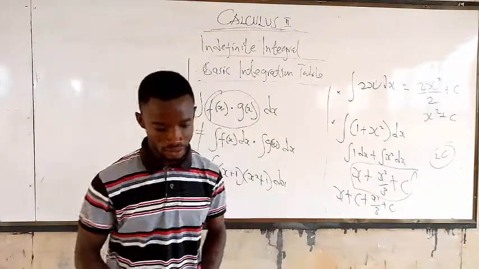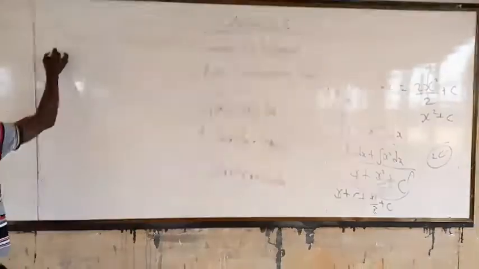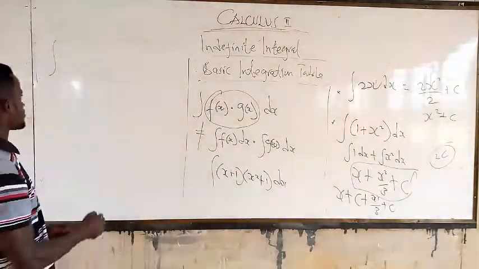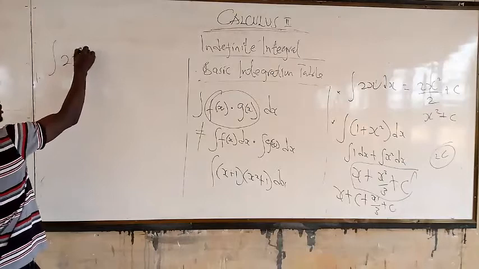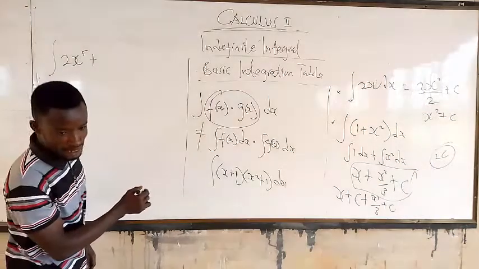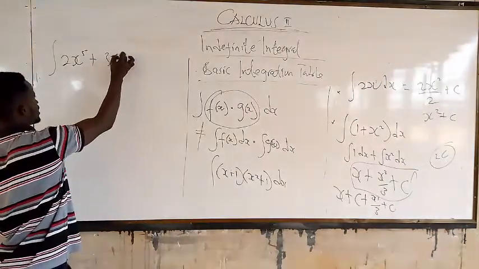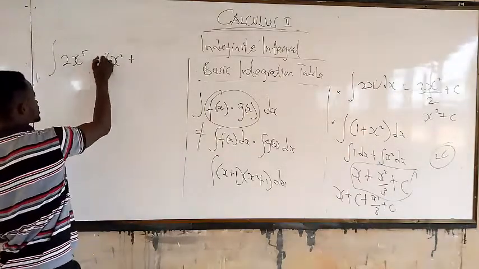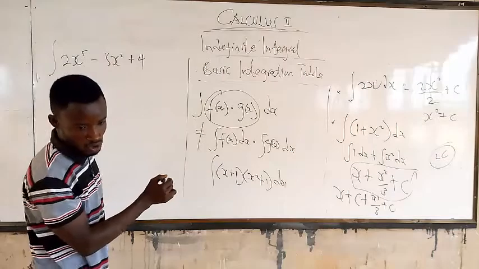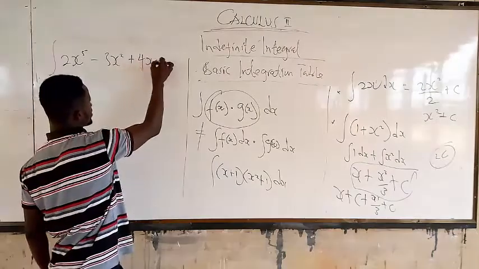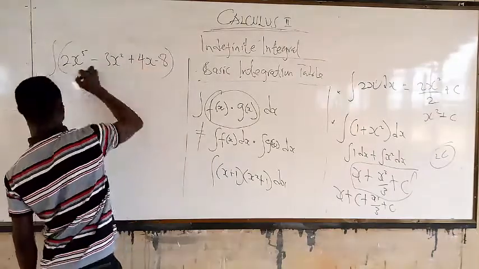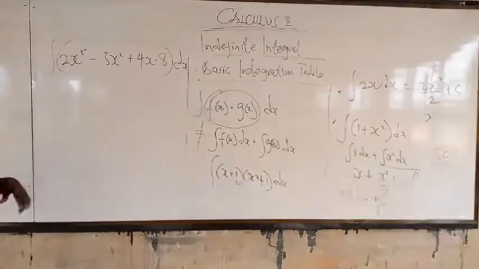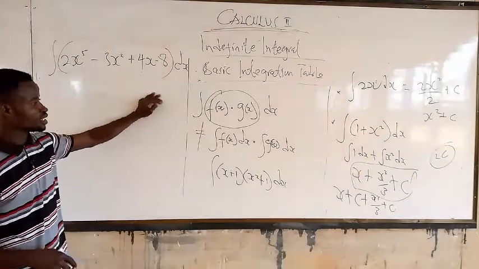Okay, let's try the integral of 2x to the power 5 plus 3x squared minus 3x squared plus 4x minus 8. Integrate this with respect to s. So here we integrate it term by term. Okay.